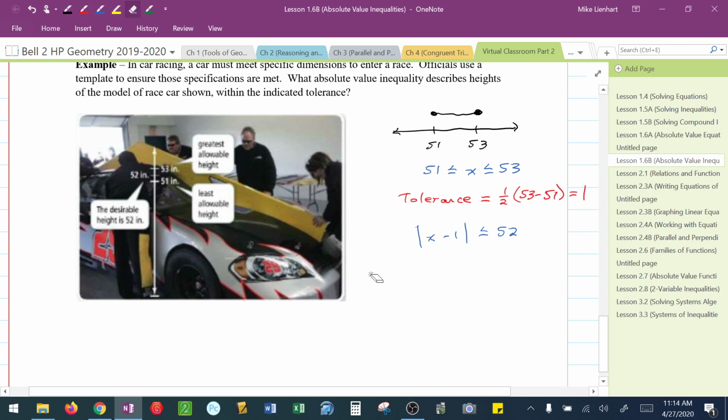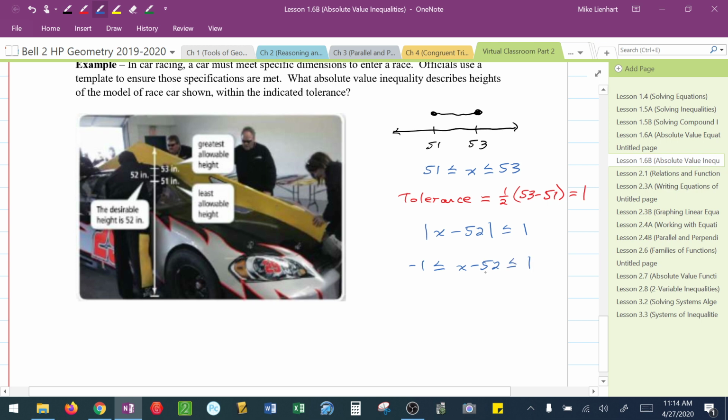So let's try to rewrite it a little bit differently. What if I say the absolute value of x minus 52 is less than or equal to 1? What if I put that tolerance on the right? Well, let's try it. We've got negative 1 less than or equal to x minus 52 less than or equal to 1.